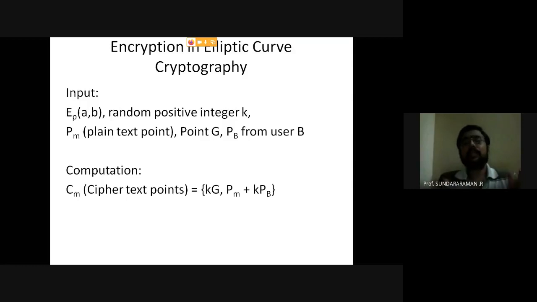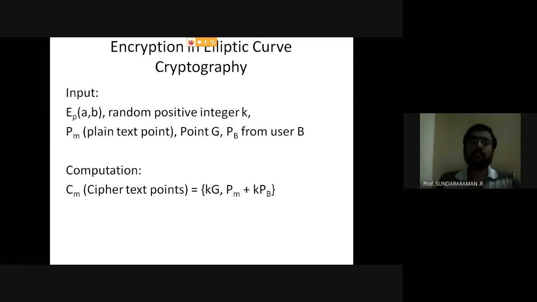In the case of public key cryptography, you require both a public key as well as a private key. In the case of symmetric key ciphers, both user A and user B will use the same key. But in elliptic curve cryptography, since it is a public key cryptosystem, we use both the public key and the private key.